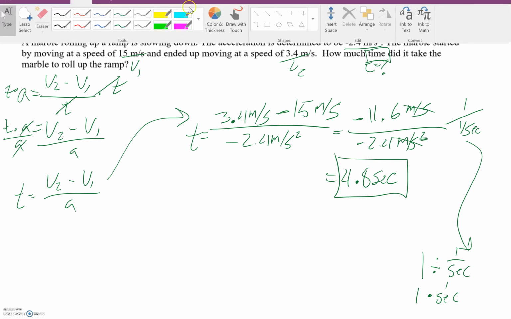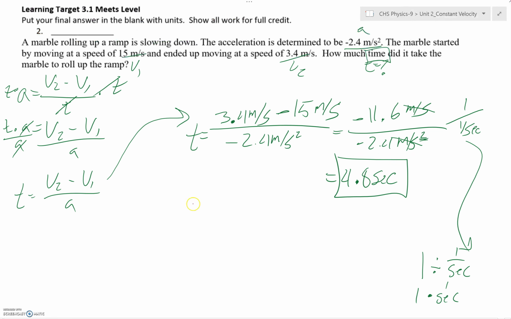And again, I'm going to break this down, and I'll use a different color for that. So the meets level, if you get the basic level and the meets level, you're supposed to get like a 90%. So that'd be 1.5 points total. So we're going to have to score things just a little bit differently. So the way this is going to work is for your work, that's going to be worth half a point.